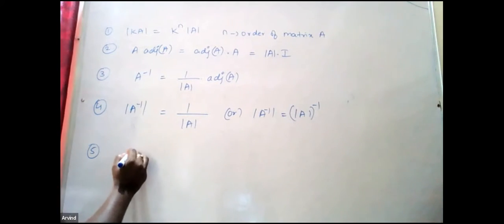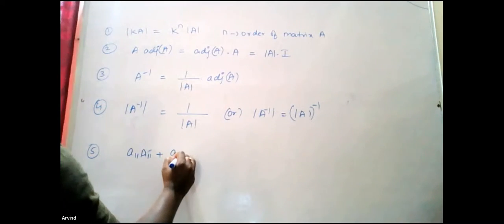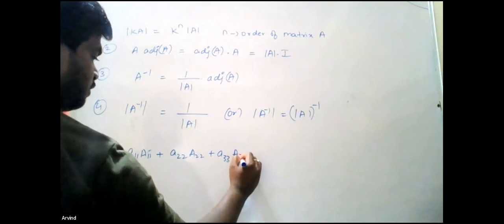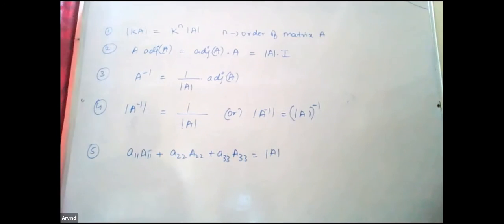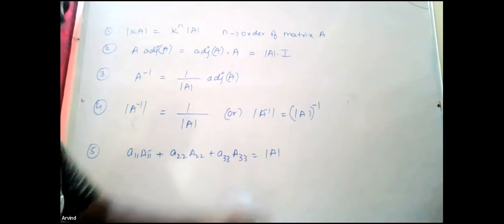Suppose, look at this, I will write this: a11 capital A11, similarly a22 capital A22, a33 capital A33. What will be the value of it? The value of it will be determinant of A itself. Okay, so same, just observe, same things are there, so it is determinant.